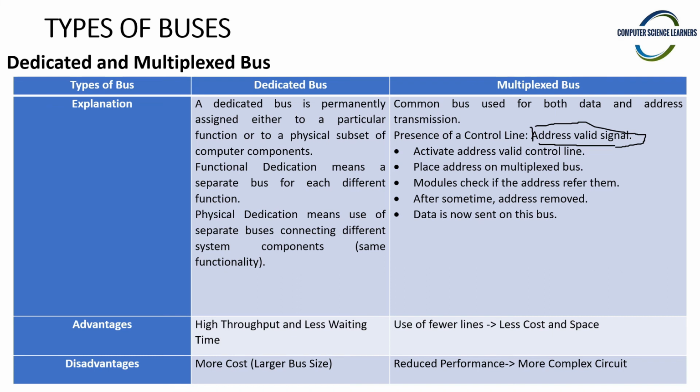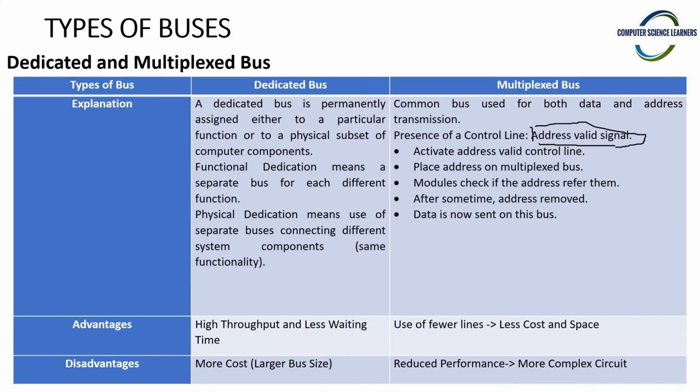If it is 1, it indicates that we are transferring the address for a memory read or memory write operation. And once it is 0, the same bus is used for transferring the data. This is how we use multiplexing inside the bus, right?